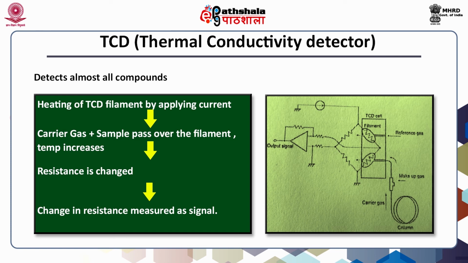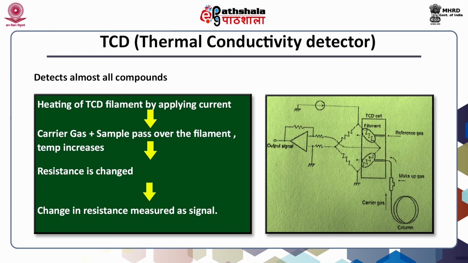The temperature of a filament is determined by the rate of heat loss by conduction through the carrier gas, so these filaments are heated. When the carrier gas consisting of these elements passes through this detector, it absorbs some of the heat, and as a result there is a difference in the heat between these two or three resistances which are used there.